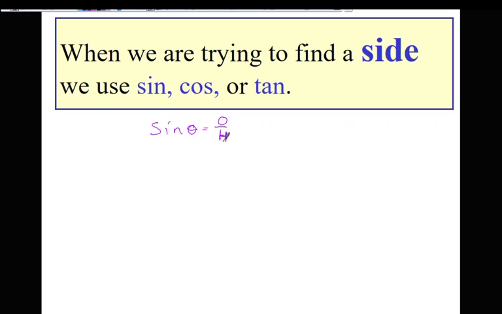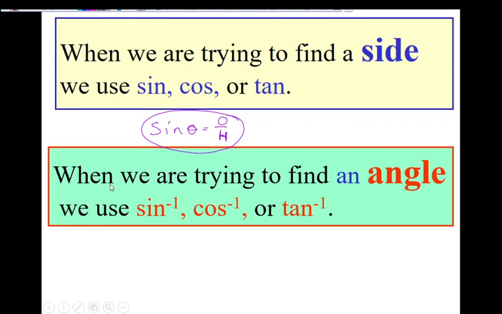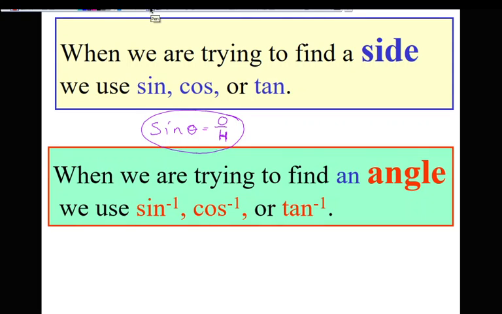So this I'm using when I'm trying to find a side length. Now, if I'm trying to find an angle, we're using the inverse functions. And that looks like this, where it's theta equals sine to the -1 of opposite over hypotenuse.